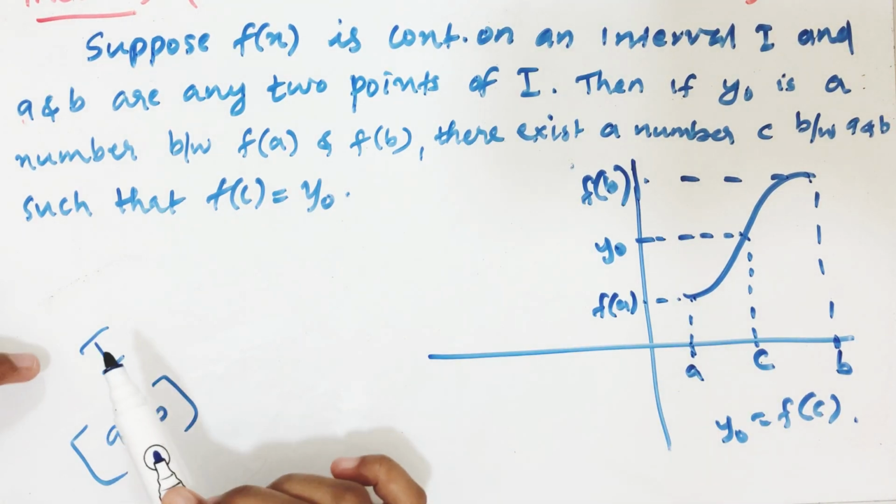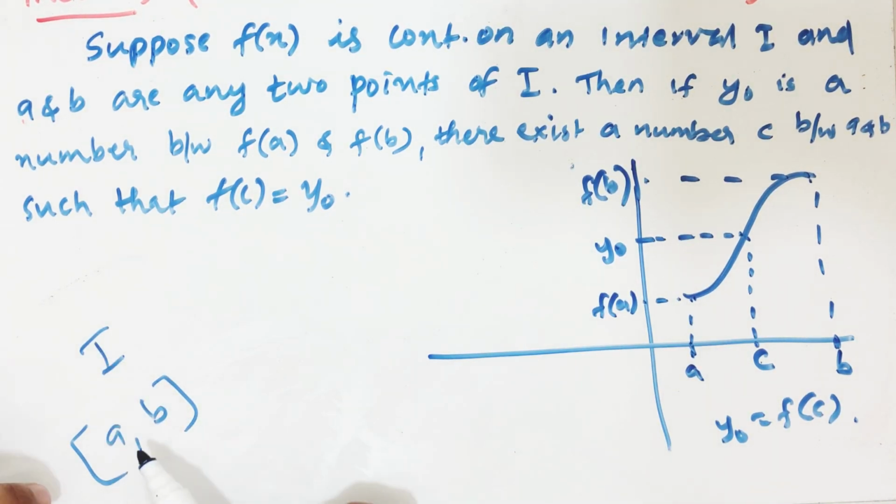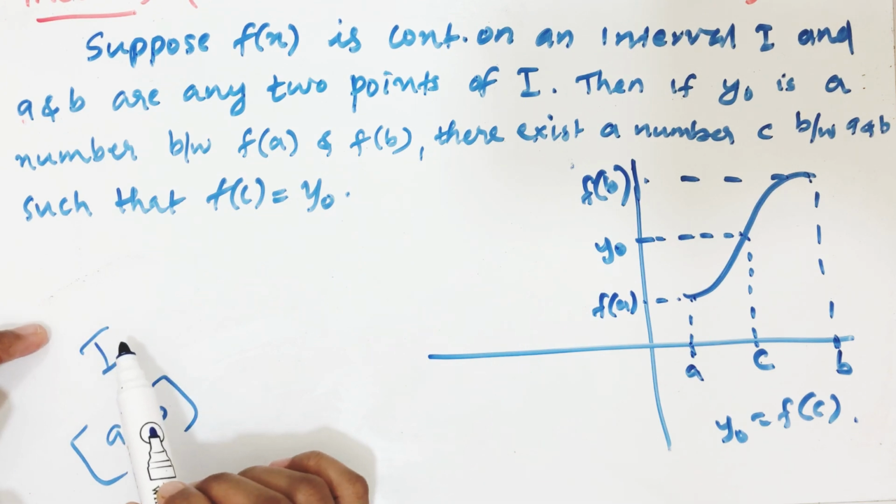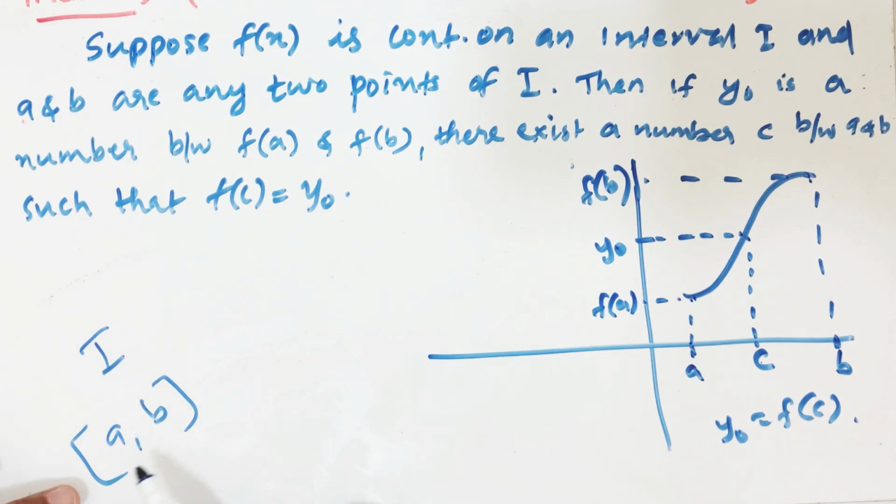If f is continuous on the interval I, then f is continuous on the closed interval [a, b] contained in I. So it takes all the values in between f of a and f of b.